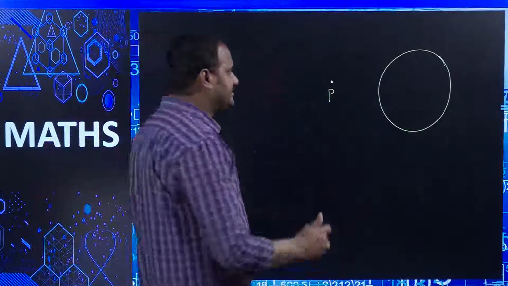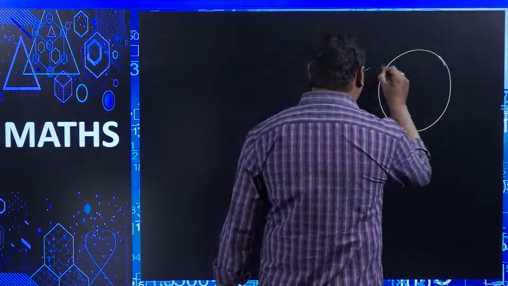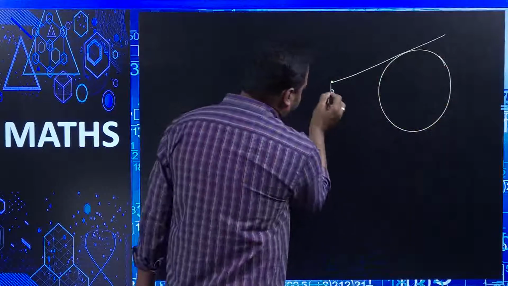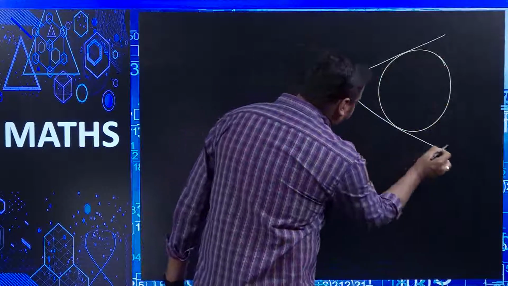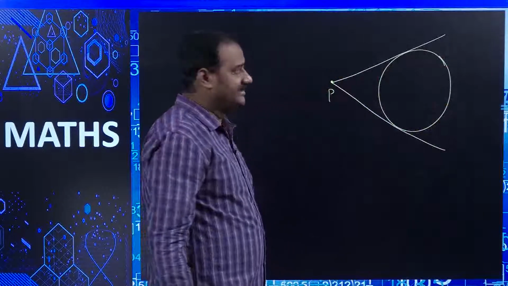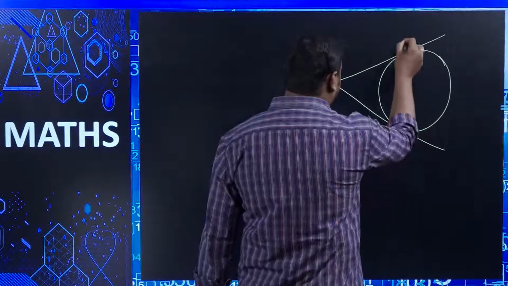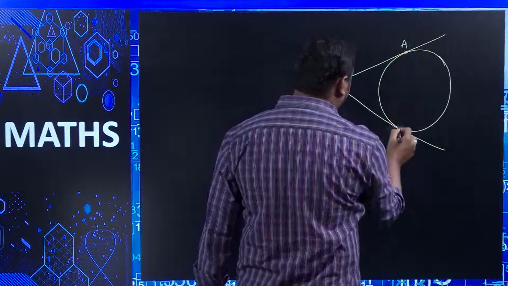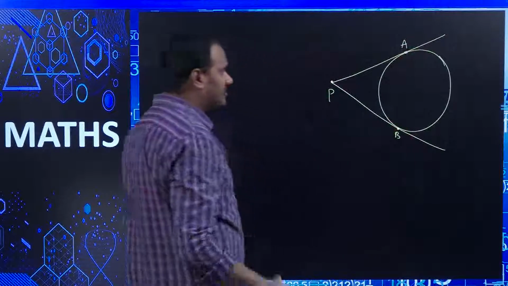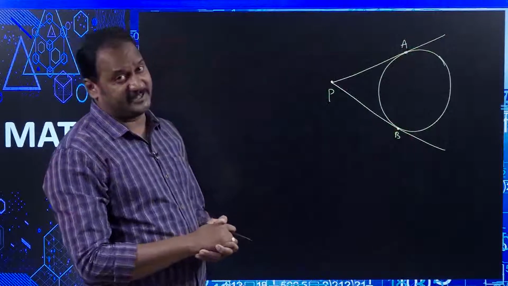That is common sense. We can draw one tangent, and this is one more tangent, drawn to a circle from the external point, and these two points are points of contact. This point of contact is A and this point of contact is B. So now what is our next property of tangent?